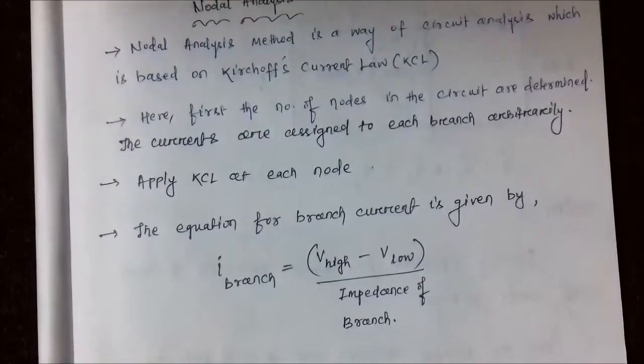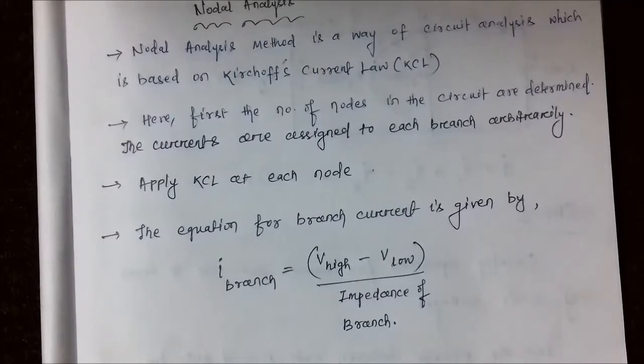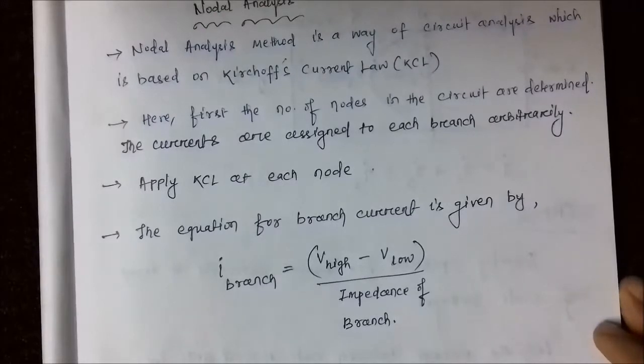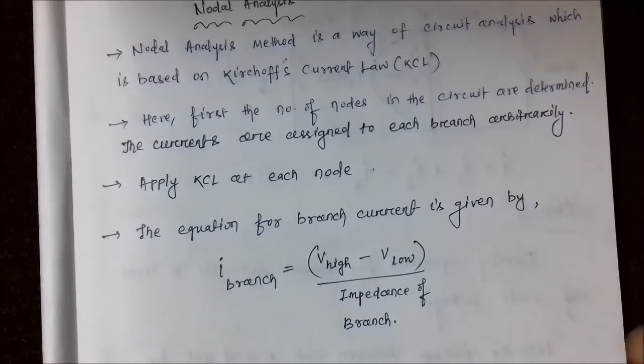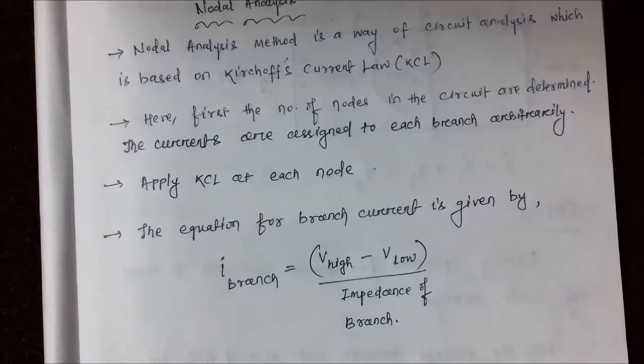So first we determine the number of nodes, then we assign the node currents arbitrarily, giving random directions to the node currents, and then we apply KCL at the node to find the current equation depending upon the currents, whether they are entering or exiting from that node.